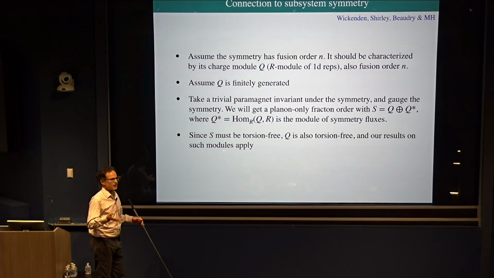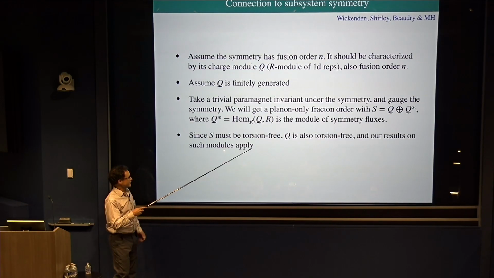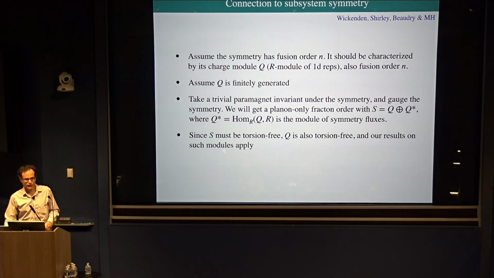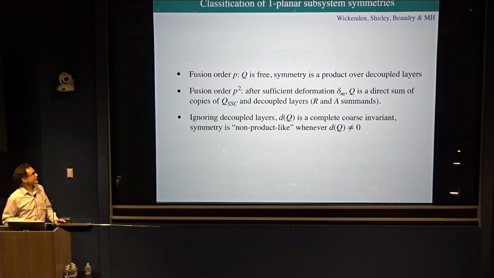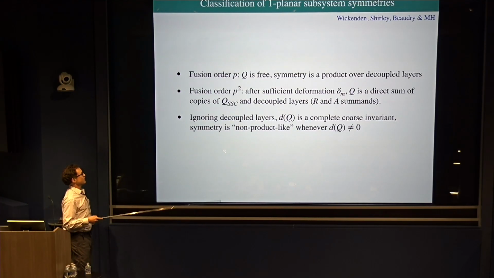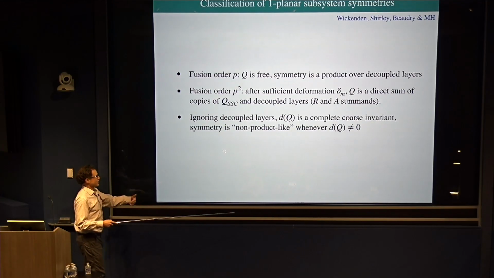Think about the charges carried by its excitations. So it's possible to argue that the charge module of the symmetry has to be a finitely generated torsion-free R module. Okay? But now, as I've told you, we know a lot about those R modules, and the approach is that we can characterize and classify these one-planar subsystem symmetries in terms of their charge modules.